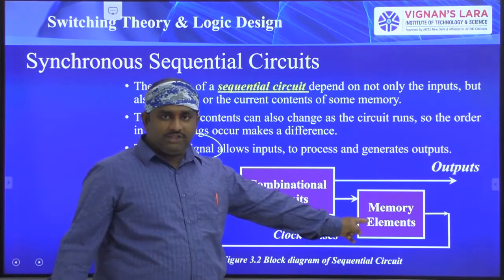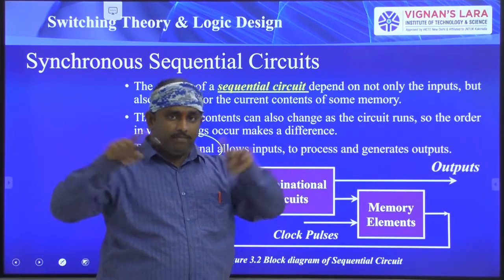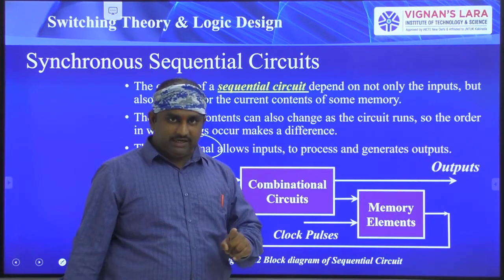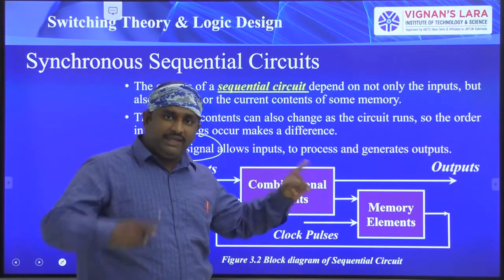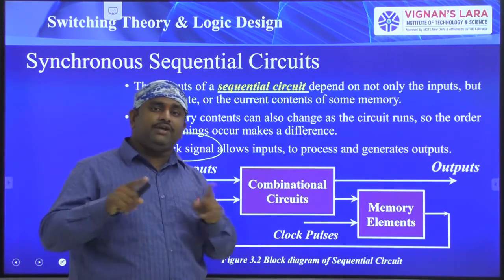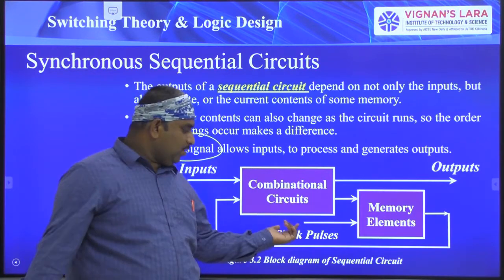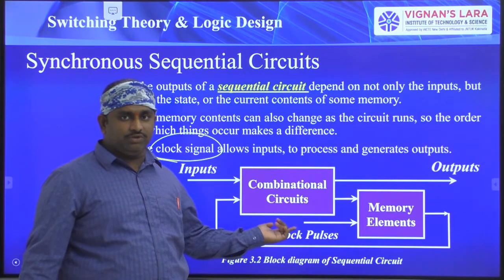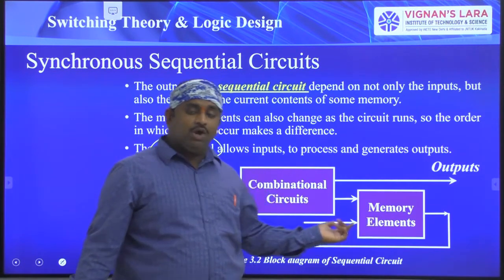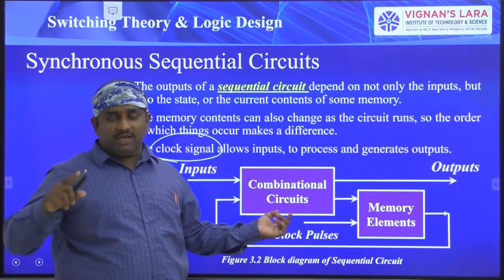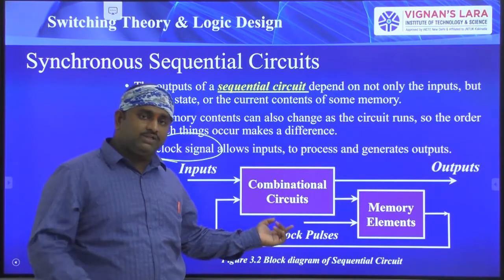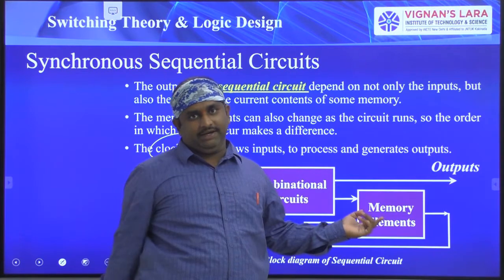So see here, all the memory elements are connected to a single clock pulse. Then it is called a synchronous clock. If each memory element is connected to a different clock signal, we have multiple clock signals for asynchronous sequential circuits. For synchronous sequential circuits, we have only one clock signal, and that clock signal controls all the memory elements.